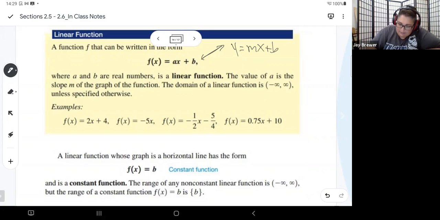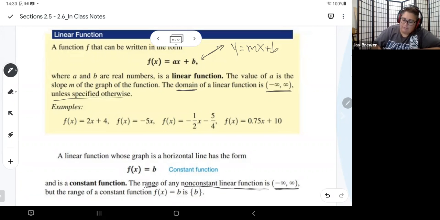So what you want to pay attention to here as well is that the domain for a linear function will always be negative infinity to infinity unless otherwise specified. The other thing you want to take note of is that the range of a non-constant linear function, okay, we're going to discuss what the other part means in a second, is also negative infinity to infinity.